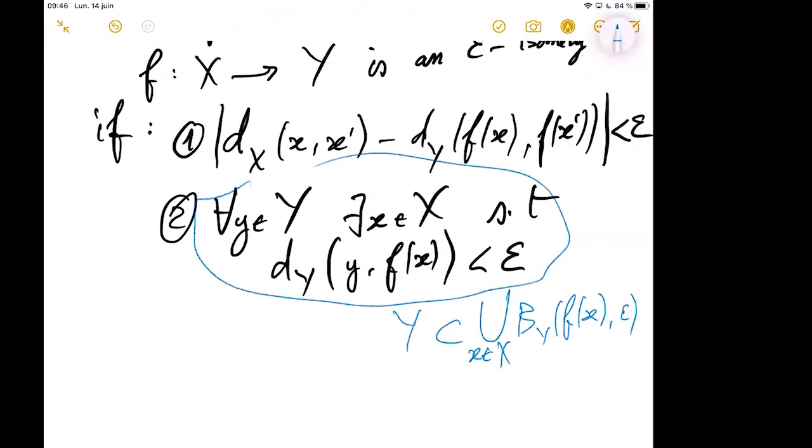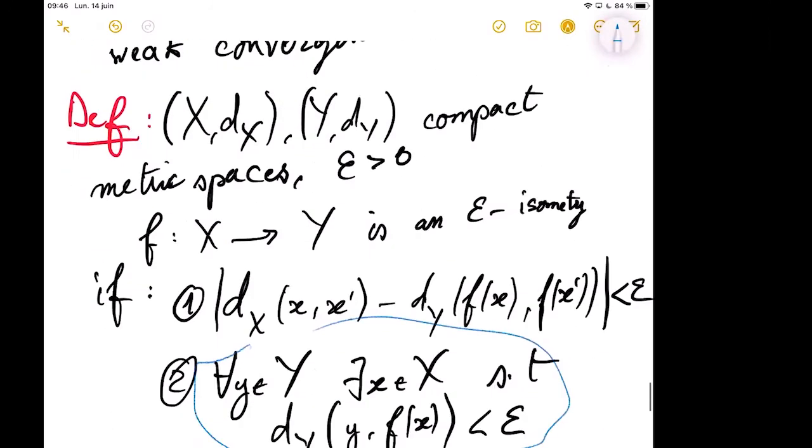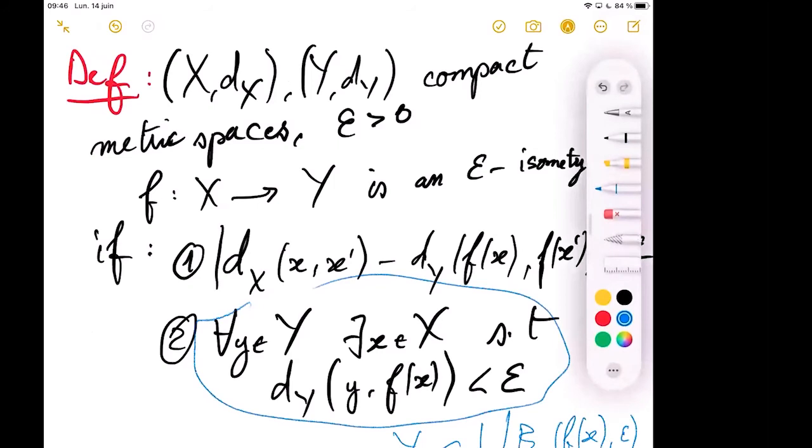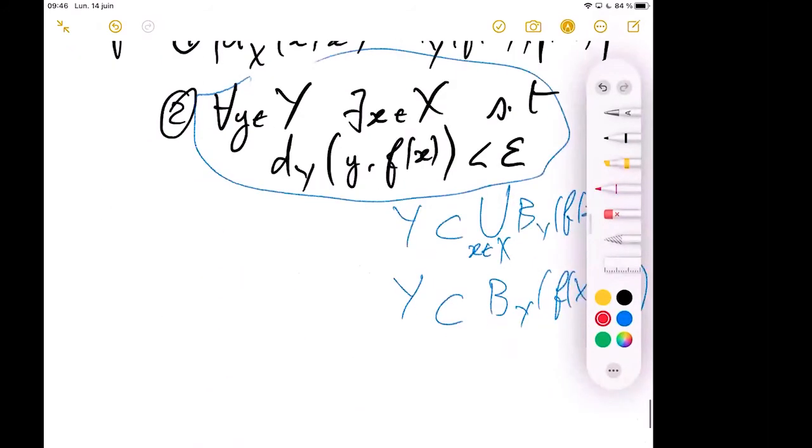Or if you want to be even shorter, you can use this notion of a ball for tubular neighborhoods, more or less, of radius epsilon. So this is the definition of an epsilon isometry between metric spaces. Okay, now we can define the Gromov Hausdorff distance.